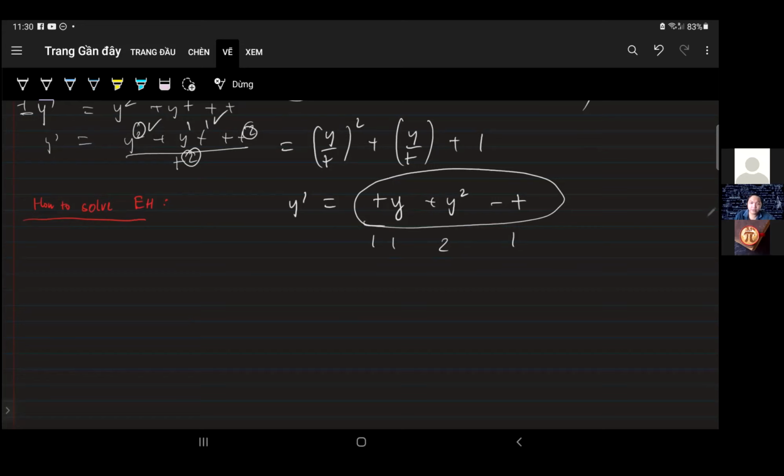So they are different. We don't even have the denominator here. So it's very likely that it's a non-homogeneous equation because we are not able to transform it into the f of y over t. Okay, so it's a non-homogeneous equation.